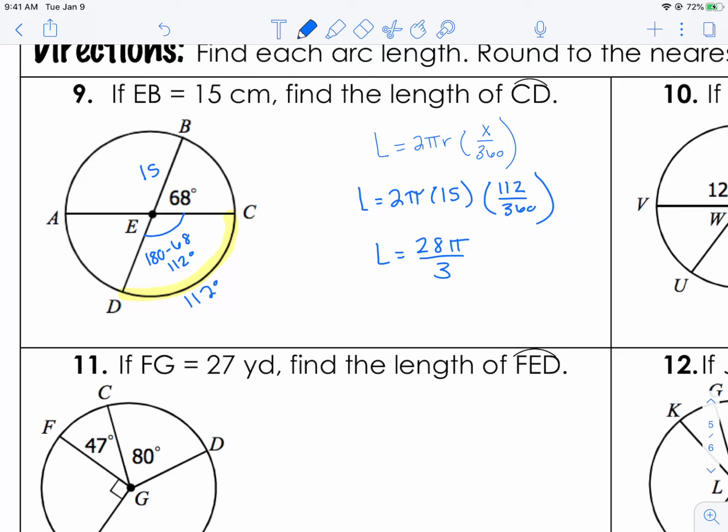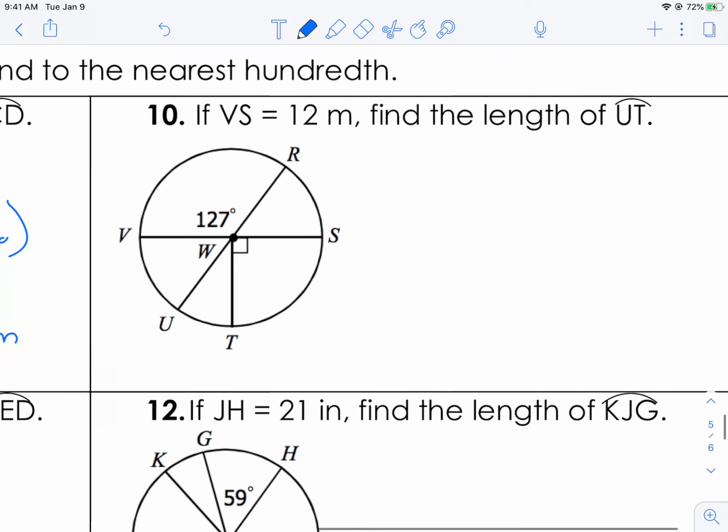Okay, sorry guys, that took forever. So I get about 29.32 centimeters. Okay, I promise I'll speed up on the rest.